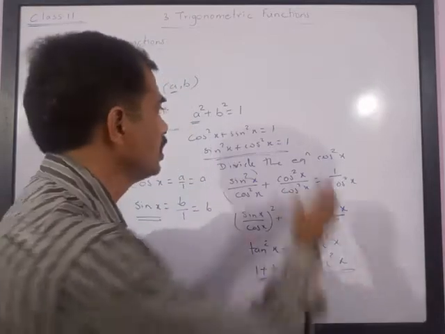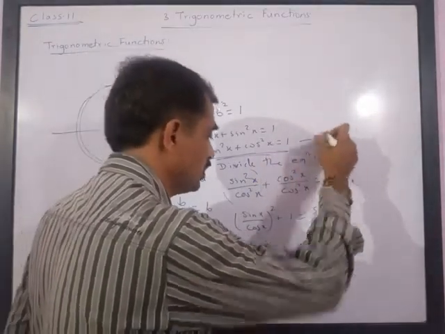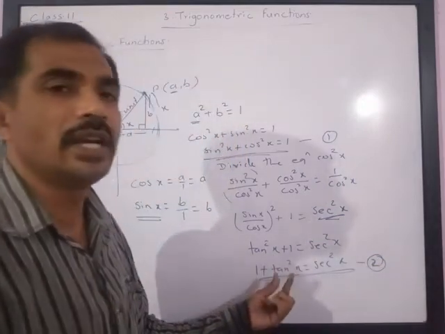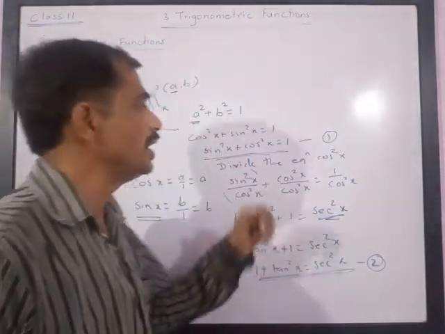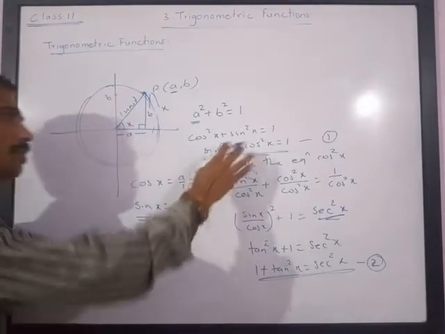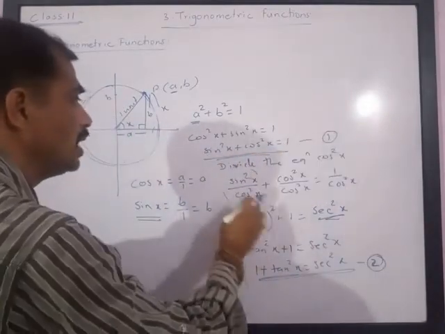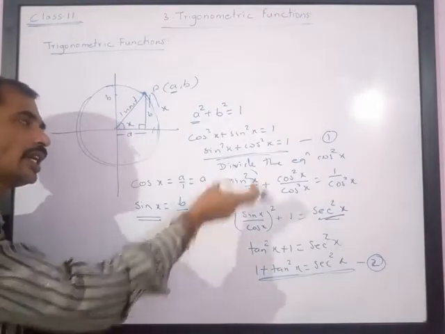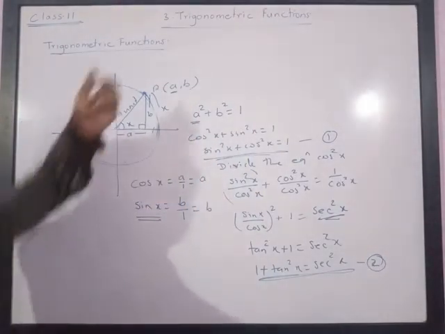Now this was our first identity. Then this is our second identity which we have studied earlier also. Now the third identity, let us see. In the earlier equation we divided by cos square x, this time let us divide by sin square x and see what we get.